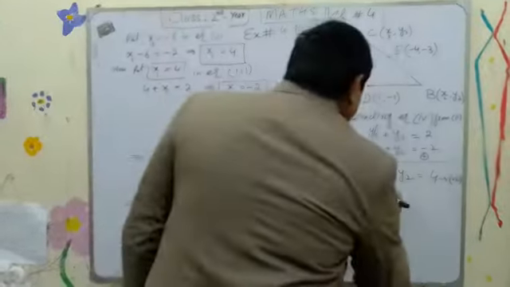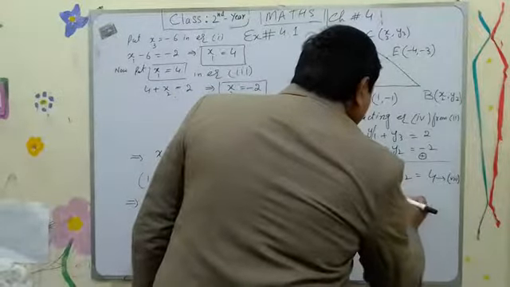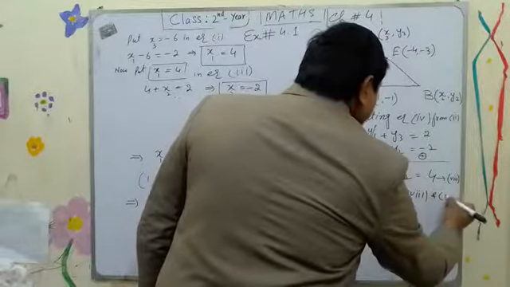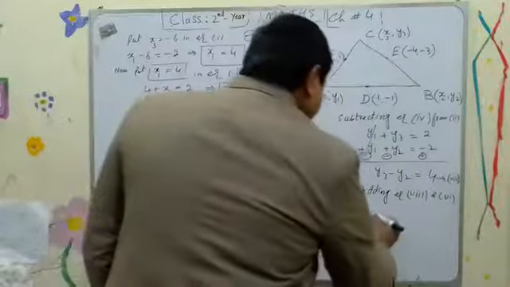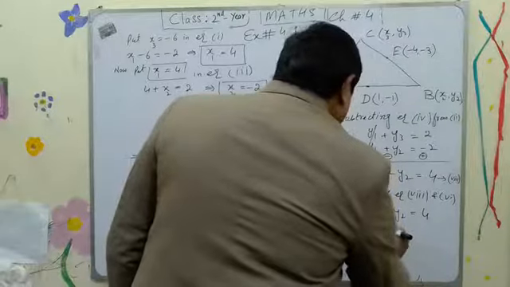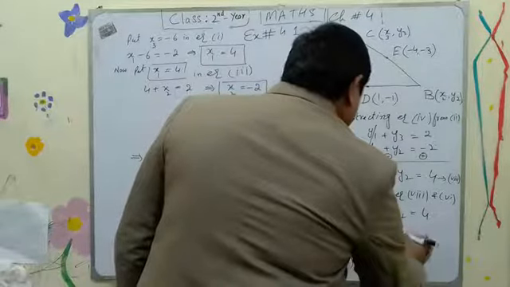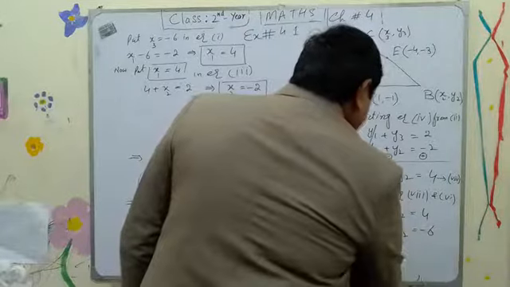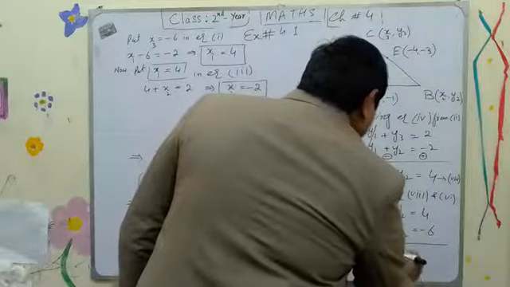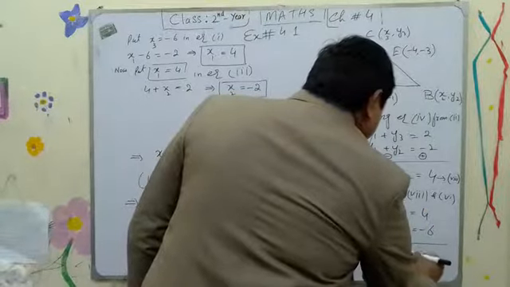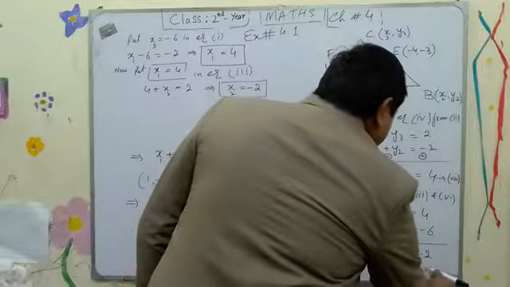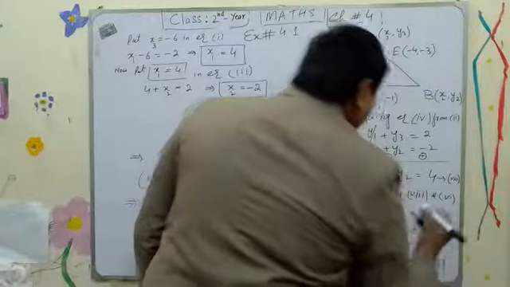Now adding equation 8 and equation 6, we get y3 minus y2 is equal to 4, and y3 plus y2 is equal to minus 6. Whenever we add them, y2 will be cancelled out, and we get 2 y3 is equal to minus 2, and this implies that y3 is equal to minus 1, right?